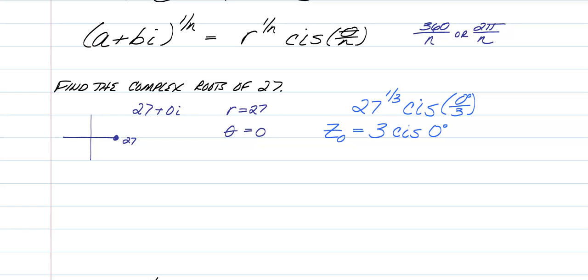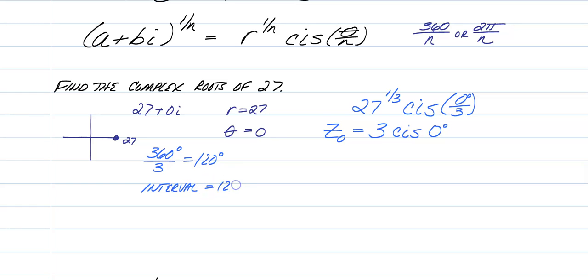Our initial term is z sub 0. Remember, z sub 0 or a sub 0 from other units means the first term. Now we need to figure out all of the other ones around the polar plane. Since we are doing a cube root, we take 360 degrees and divide it by 3, which means each of our intervals is 120 degrees.